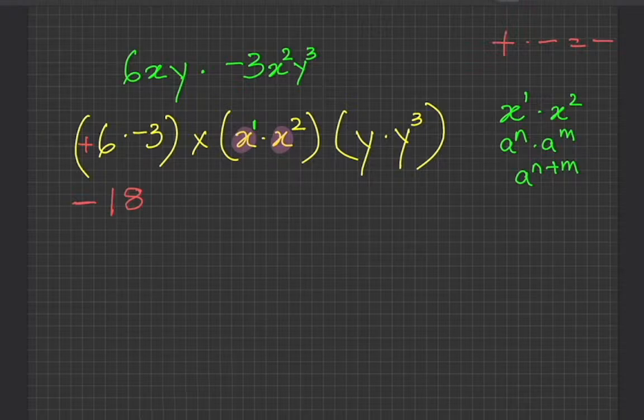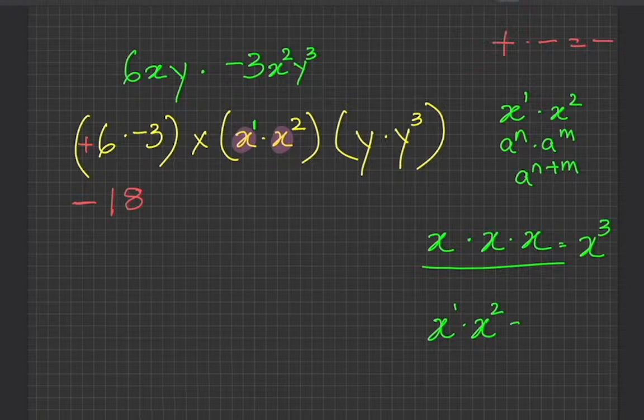Now let's understand a little bit. x to the power 1 means 1x, times x to the power 2 means x times x. Correct? How many x's do I have here? I have 3. So can I say x to the power 3? Similarly, x to the power 1 times x to the power 2 gives me x to the power 1 plus 2, which is x to the power 3.